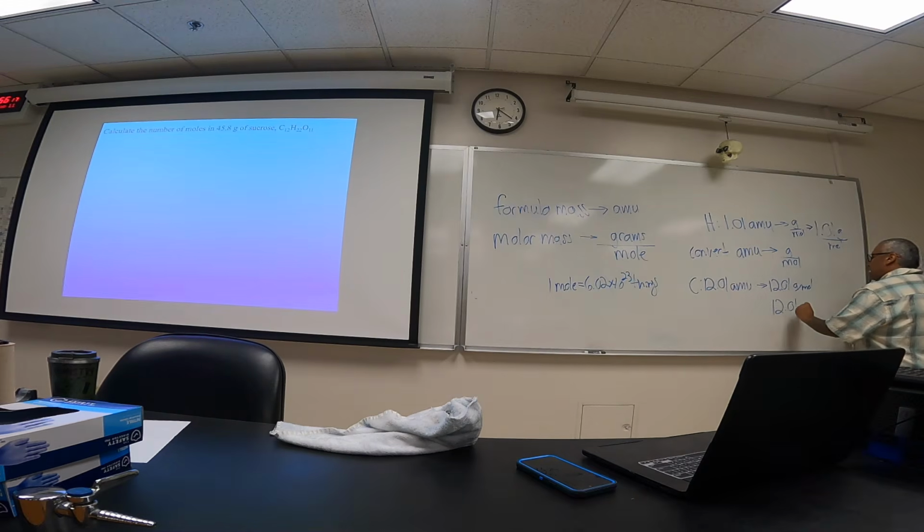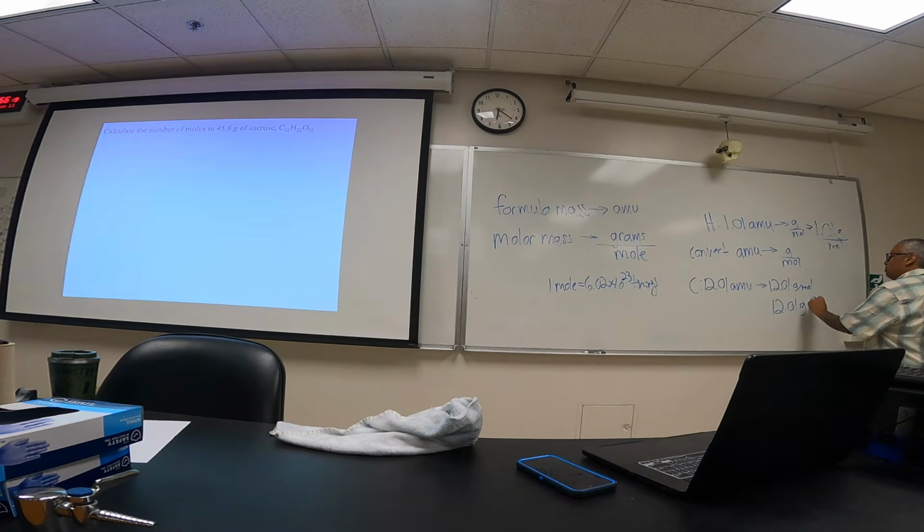I'm going to use it like this, 12.01 grams of carbon for every mole of carbon. This is how I want you all to write it. It's not per mole of orange juice, right? It's not 12.01 grams of Snicker bars, right? It's 12.01 grams of carbon for every mole of carbon.